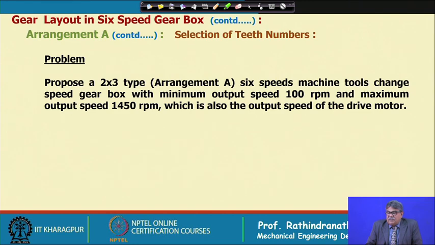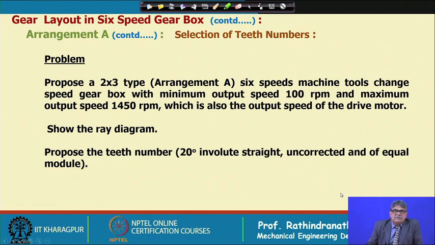A 6 speeds machine tool change speed gearbox with minimum output speed of 100 rpm and maximum output speed 1450 rpm, which is also the output speed of the drive motor. So, we have to propose this one, and also we have to show the ray diagram, and here it is also mentioned that we have to propose the teeth numbers, with 20 degree involute straight, uncorrected gears of equal module.